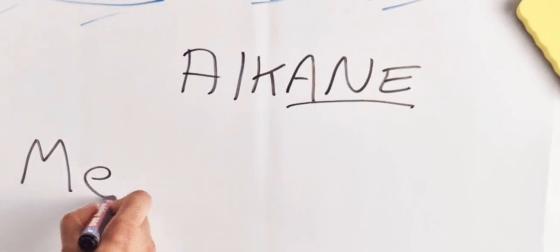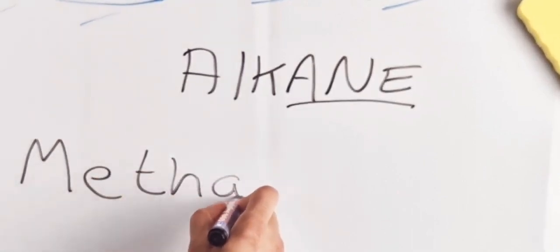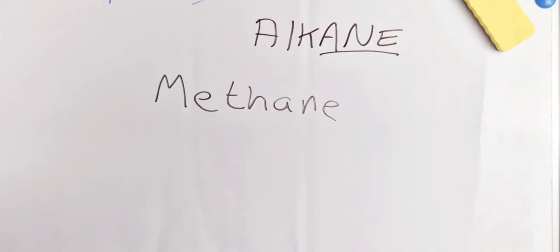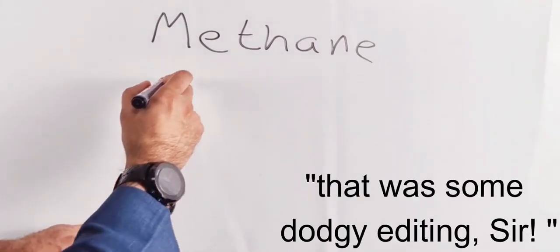The first alkane is called methane. The second alkane is called ethane.